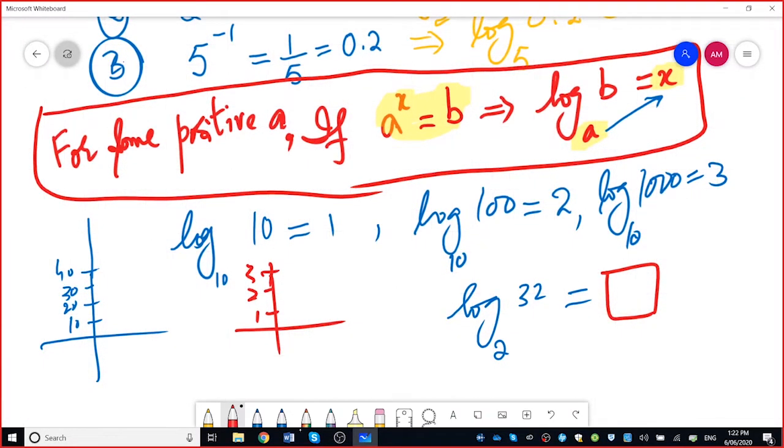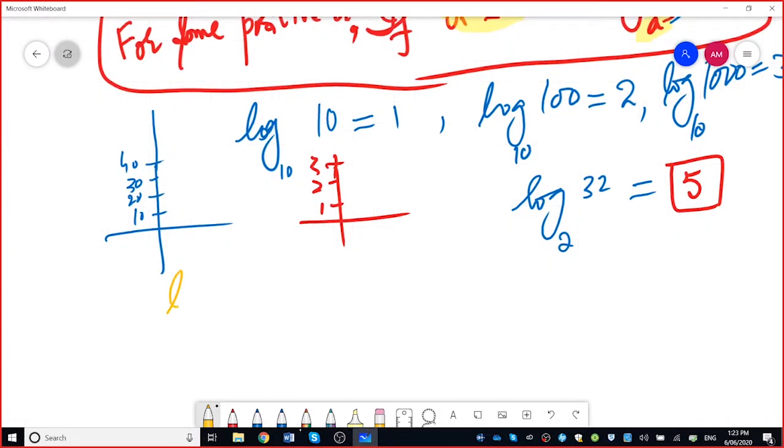What number do you raise 2 to that it becomes equal to 32? Have you understood this? I think so. So that would be 6. 2 raised to the power of... Can you count it? Oh, it's 5. Yeah, it's 5. So that's good. So you have understood.